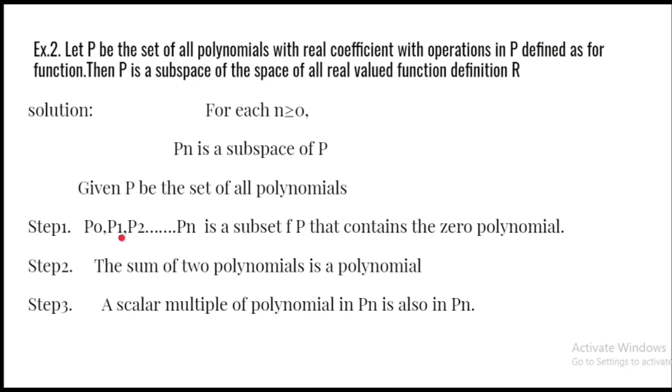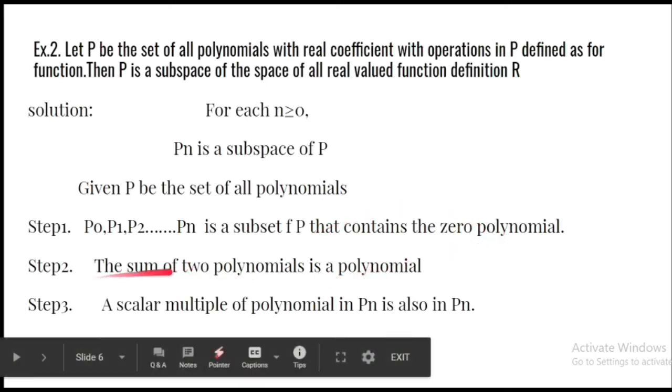P1 is simply ax plus b. P2 means ax squared plus bx plus c. P3 is ax cubed plus bx squared plus cx plus d. Like this we are going to have Pn polynomials. All these are subsets of P. Now this P contains the zero polynomial also. Now let us take the sum of two polynomials.